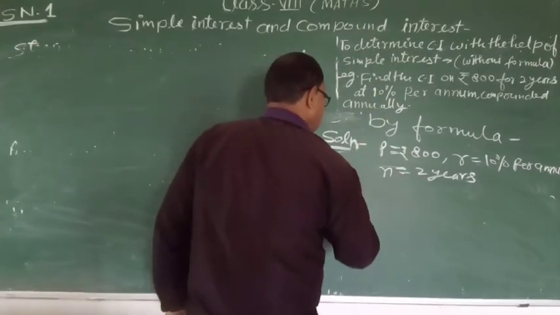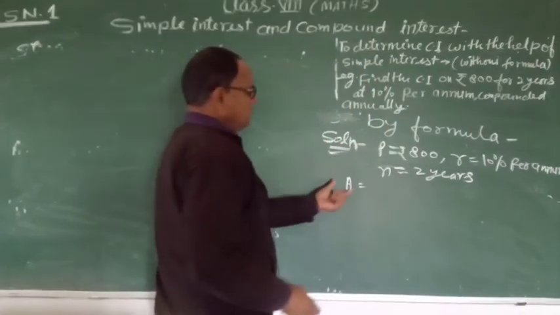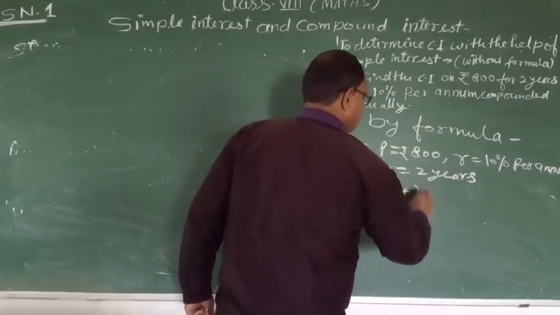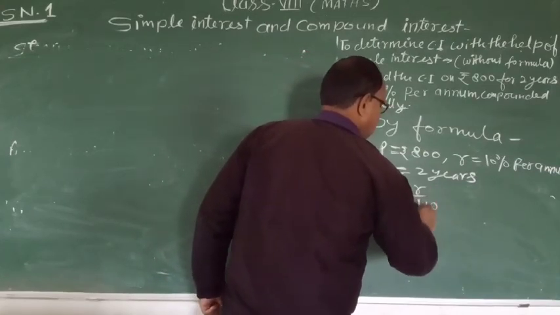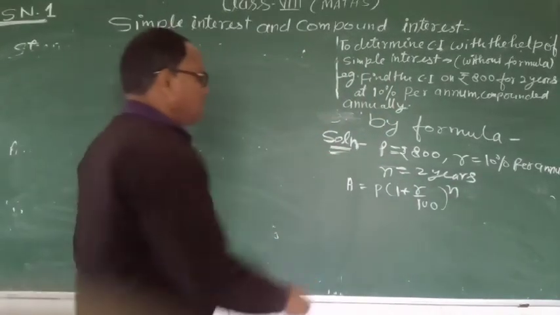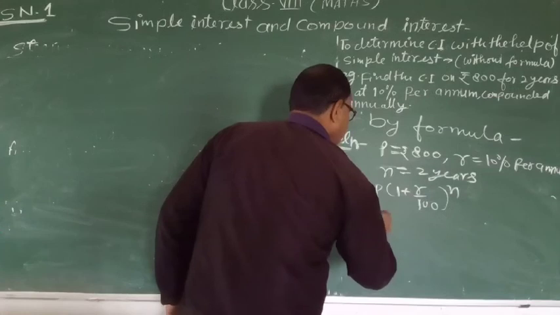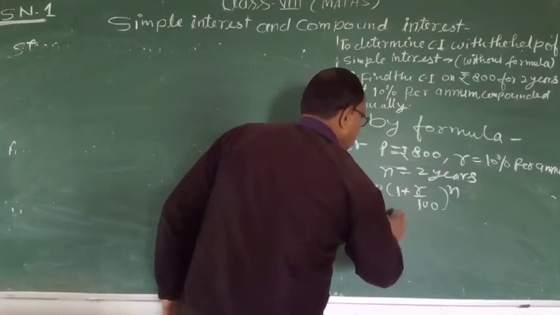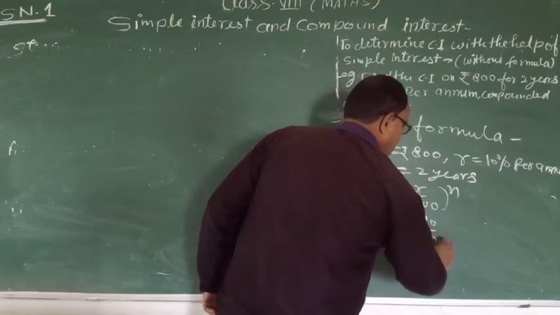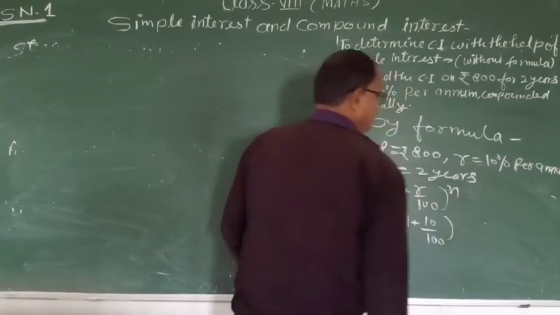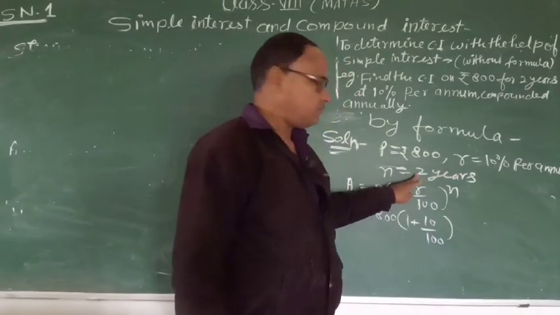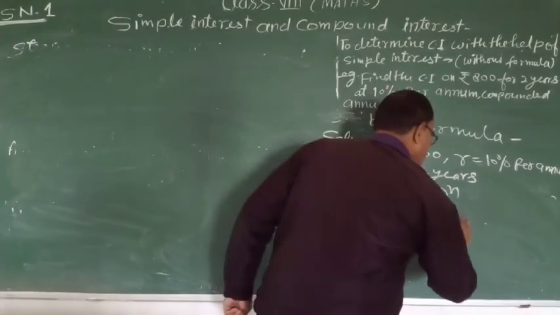Thus we determine first amount A is equal to P into 1 plus R by 100 power N. Okay, student? Okay, and here we write 800 into 1 plus 10 by 100 power N. N is number of time period 2 years. Here write 2.